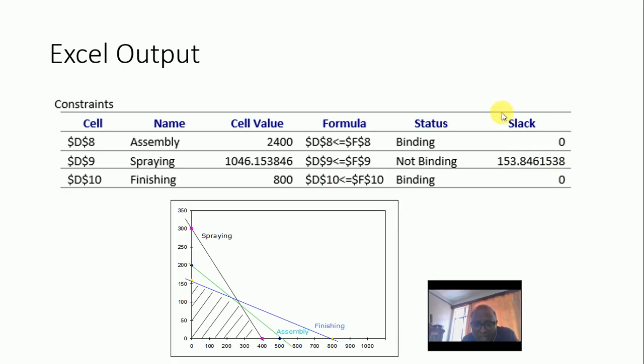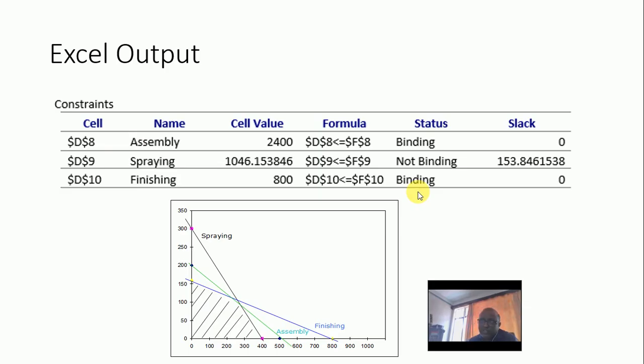Now we have this column, which is extremely important in terms of terminology. Assembly and finishing were the point of intersection to give me the maximum profit, the coordinates to give me the maximum profit. So those two constraints are known as the binding constraints.